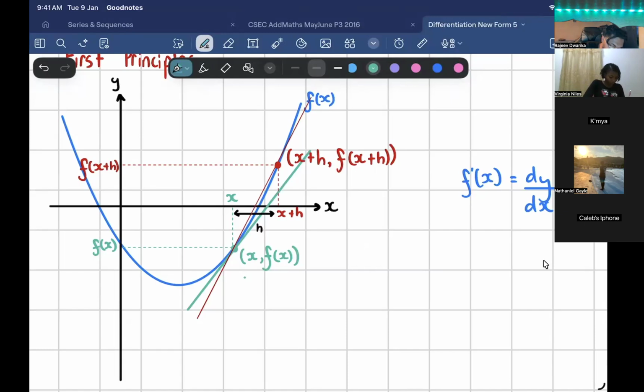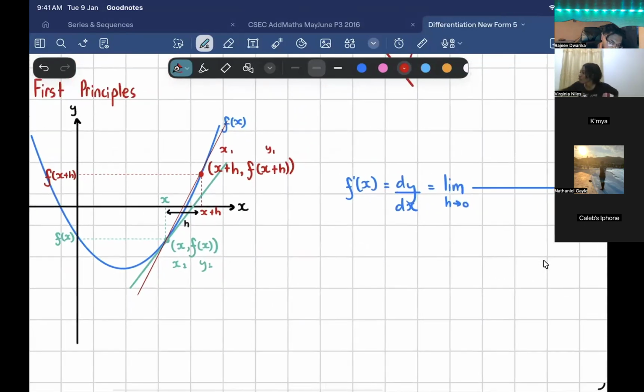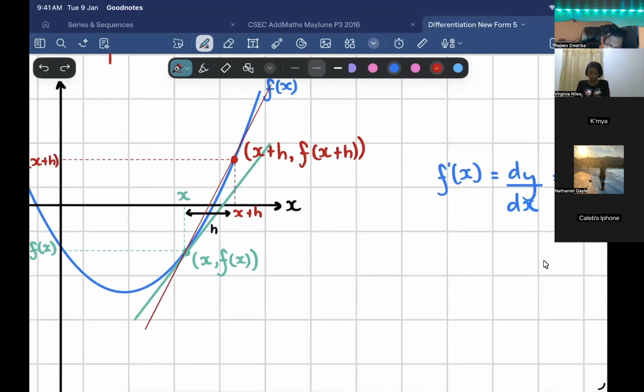We could call this x1, y1. Actually, I'm going to put it the other way around. It would work out fine that way, but some ways are just easier. So we could call this the first point, x1, y1, and this point over here x2, y2.